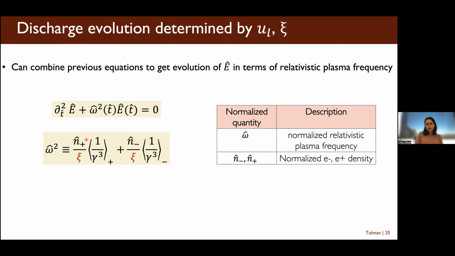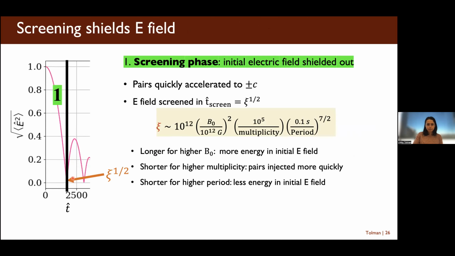You've got a dependence on plasma density, of course, but then you also have a dependence on the average value of 1 over Lorentz factor cubed in your plasma. This is something that you never have to worry about if you're not doing relativity, but it's very important in the relativistic plasma, as we will see.